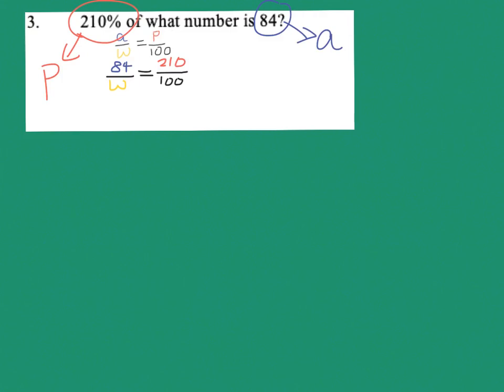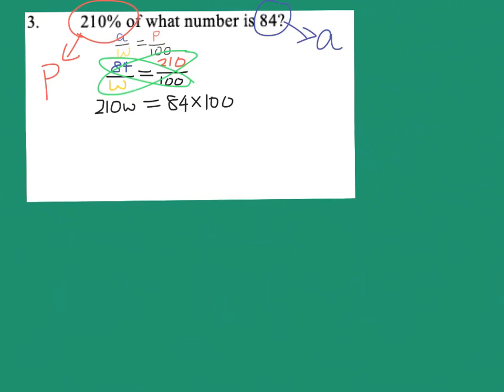To solve for W, we can apply the cross products property, something that we also call the baguette method. So we end up with 210 W is equal to 84 times 100. To solve for W, think about what operation is connecting 210 to W. It is multiplication. So we need to apply the division property of equality to solve for W. You will now divide both sides by 210.